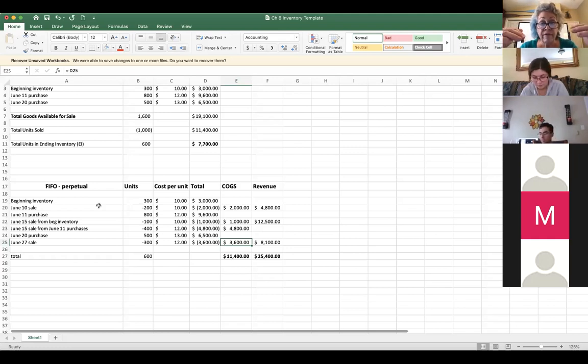When you use LIFO, and this is going to be an important concept to understand under DVL, you must disclose what the difference is between LIFO and FIFO.